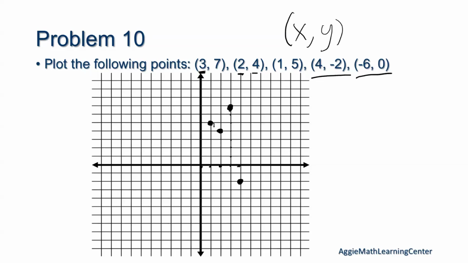Then this one, we have a negative in the x, so we go left 6, and then up 0. So we just stay where we're at. Okay. Any questions on how the graph works? I don't think so. Cool.